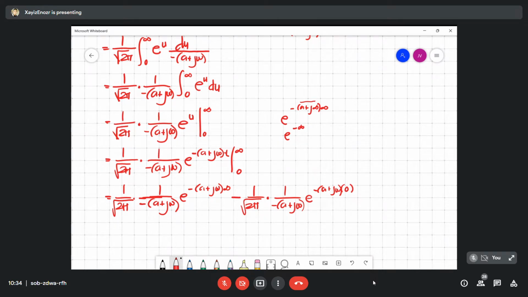So what is e raised to negative infinity? These are properties of infinity. Anyone? Sir, infinity also? Infinity also? Are you sure?